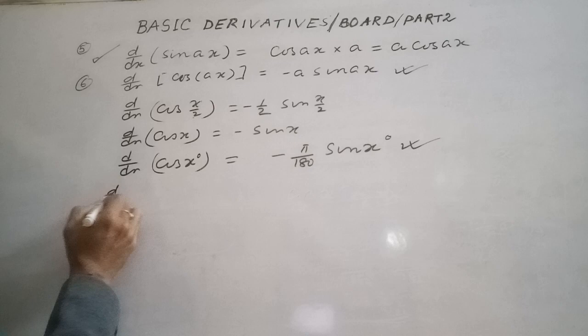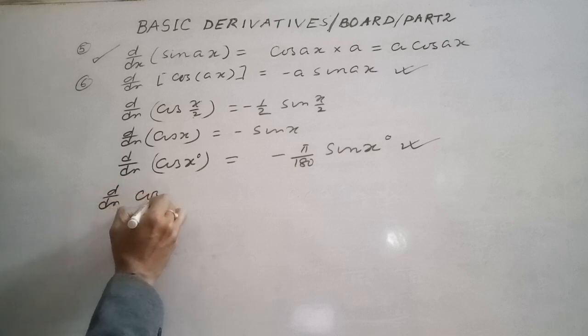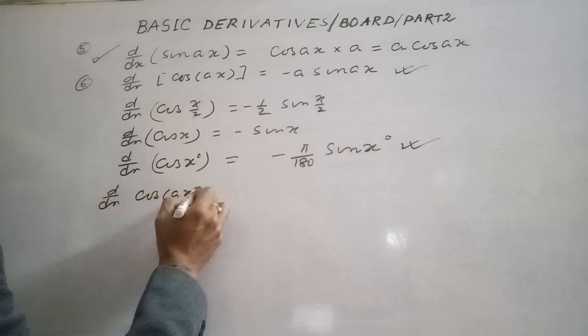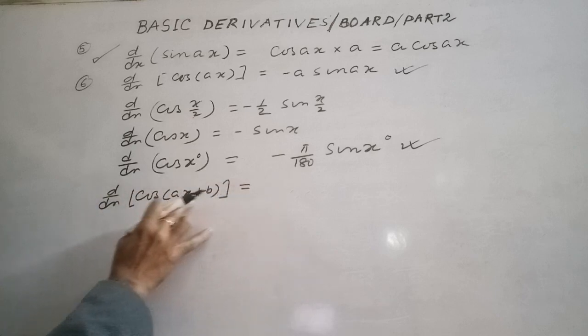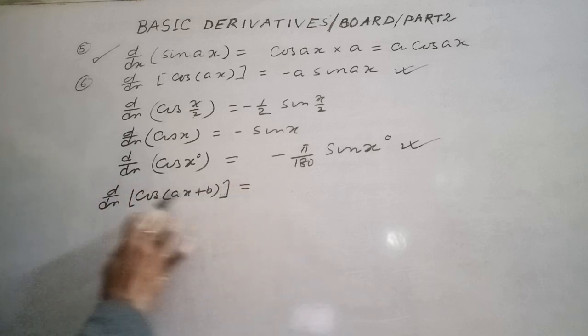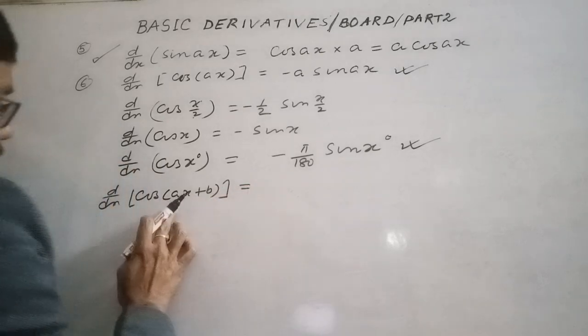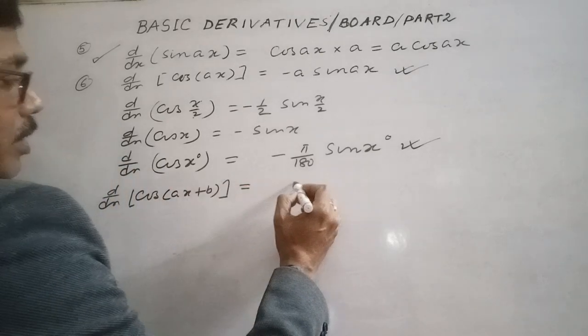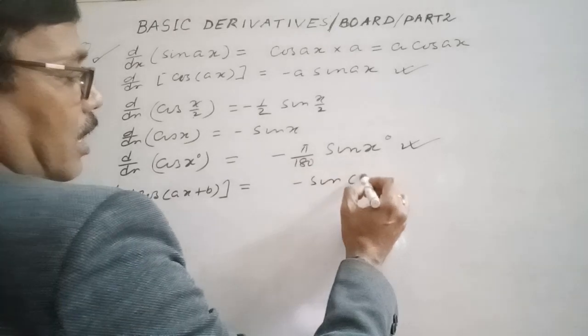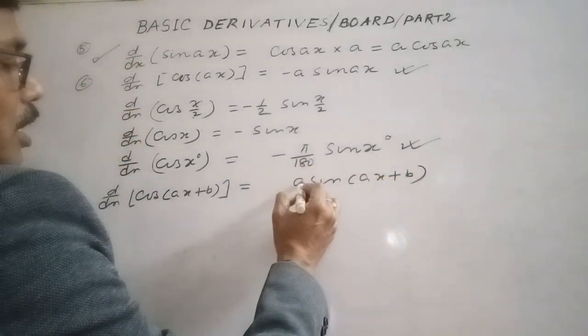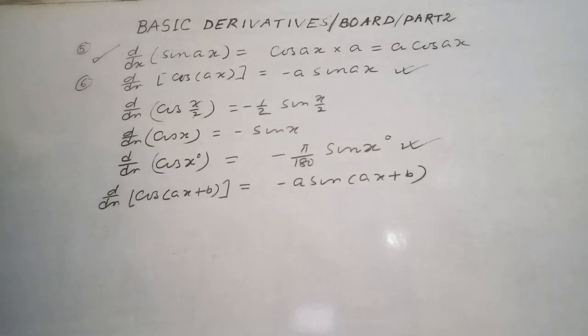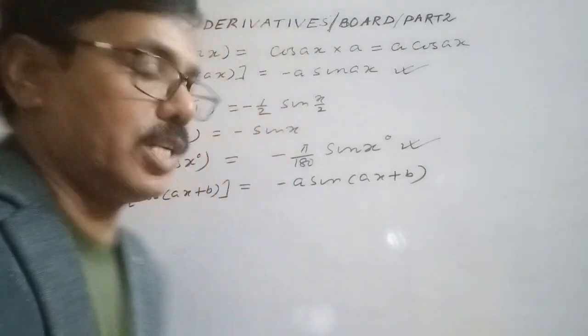And in general, d dx of cos ax plus b, if argument is linear function, minus sin ax plus b into coefficient of x. Coefficient of x is this one. So this is general.